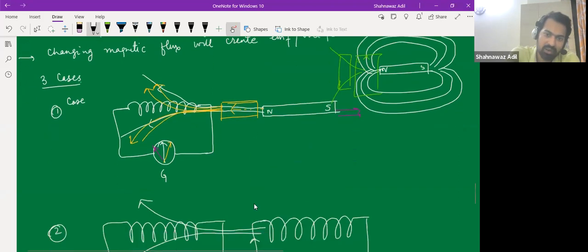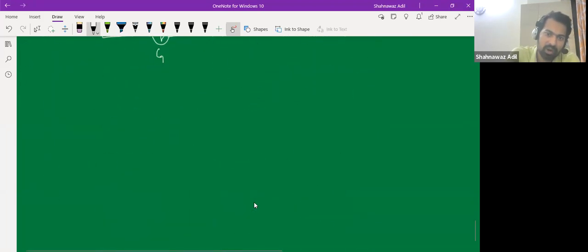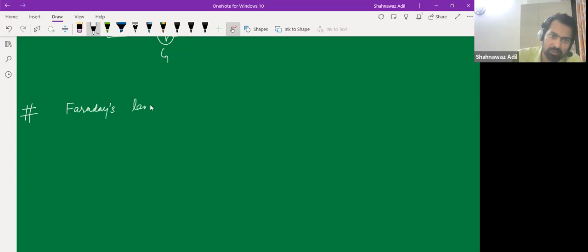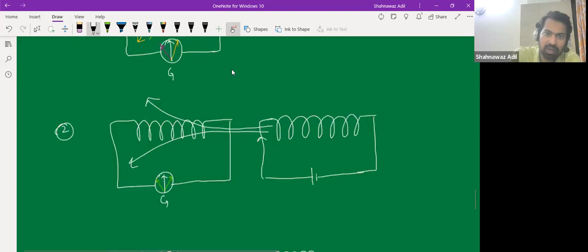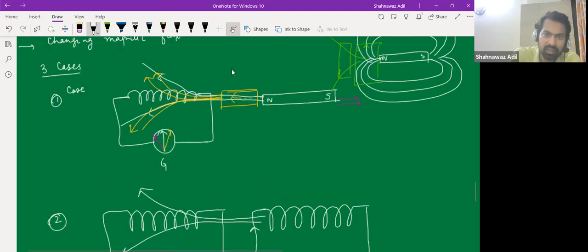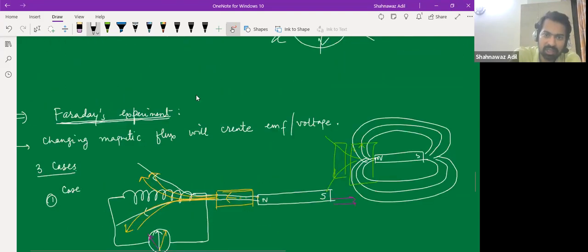Okay, so now let us talk about Faraday's law. But you guys first note down this part, right? I didn't write so much, but I just explained these three.